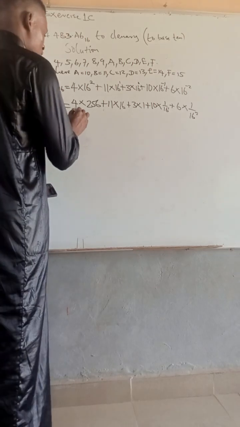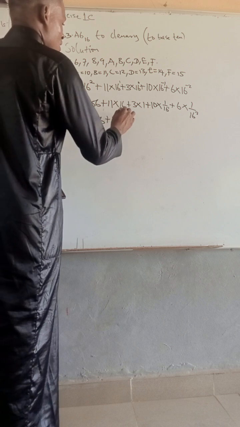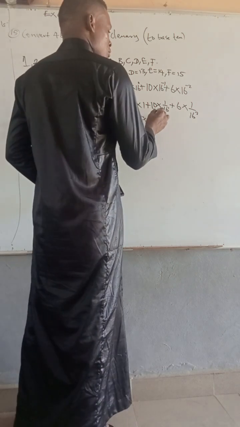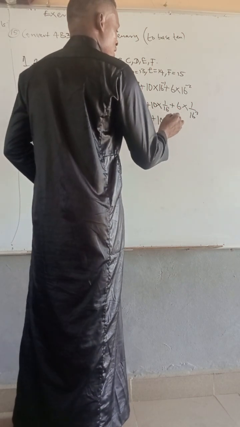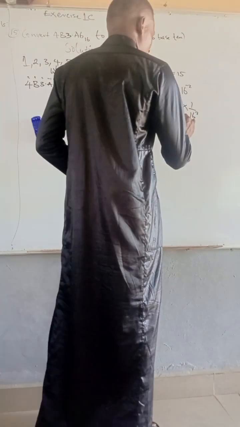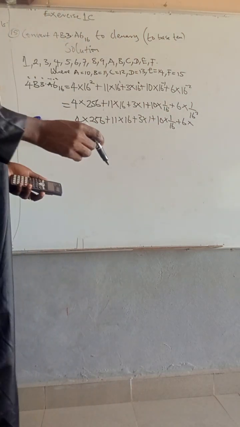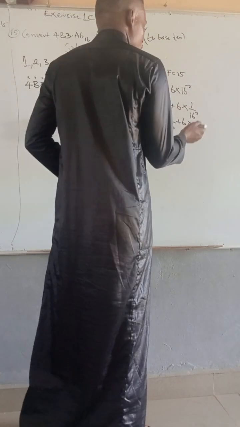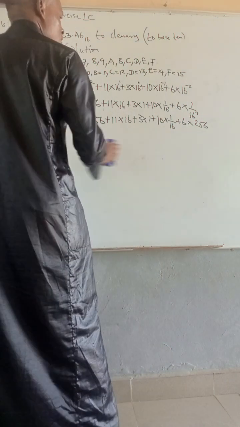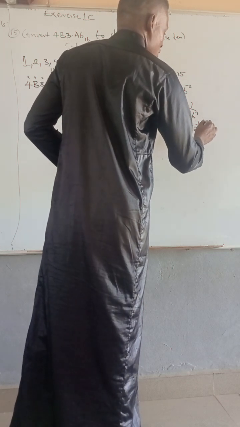So the next step will be 4 multiplied by 256 plus 11 multiplied by 16 plus 3 multiplied by 1 plus 10 multiplied by 1 all over 16, since 16 to power 1 is that number itself, plus 6 times 1 all over 256, since 16 to power 2 is 256.